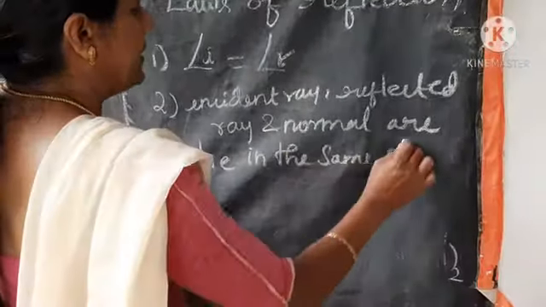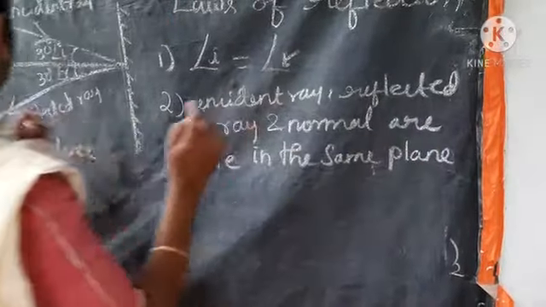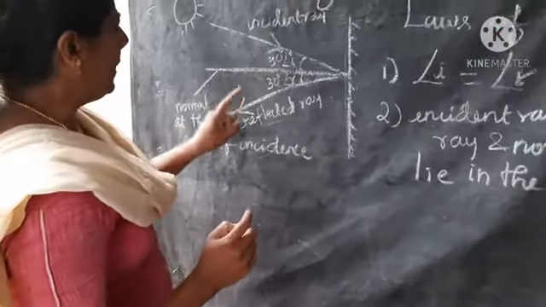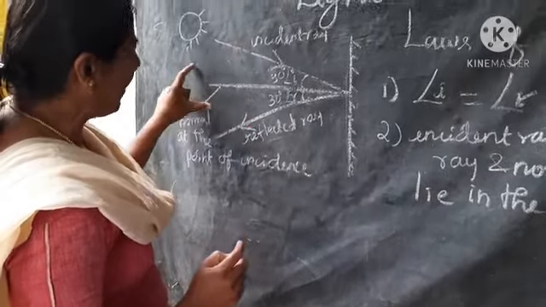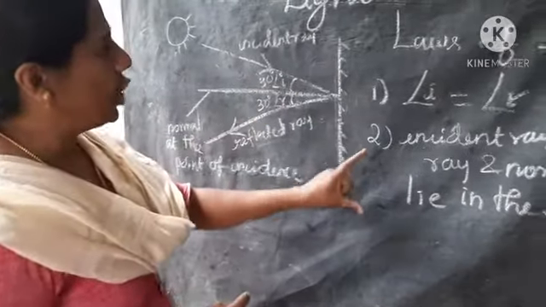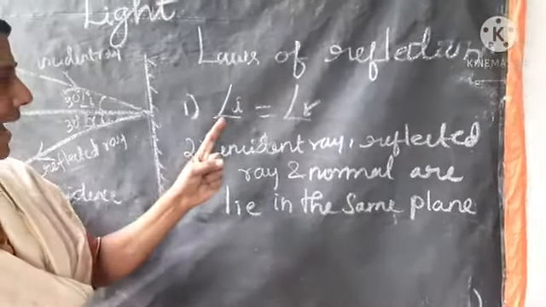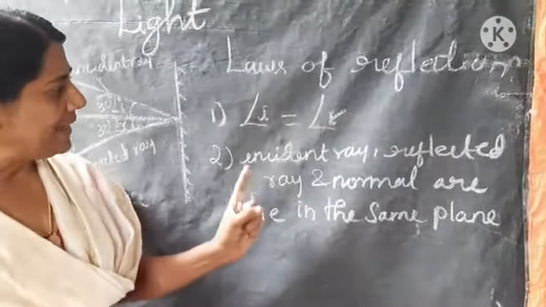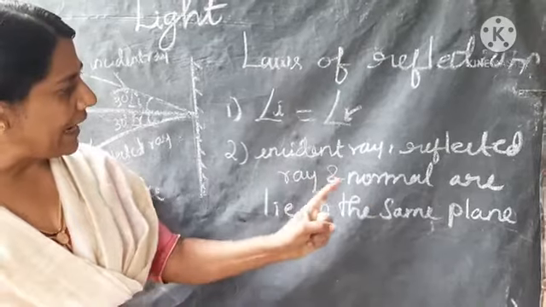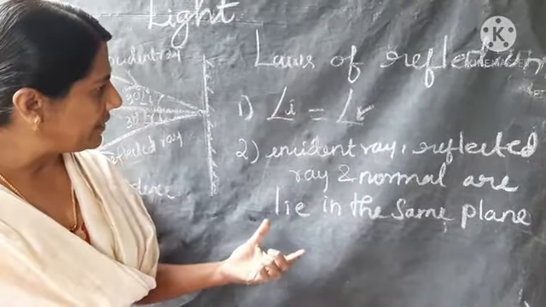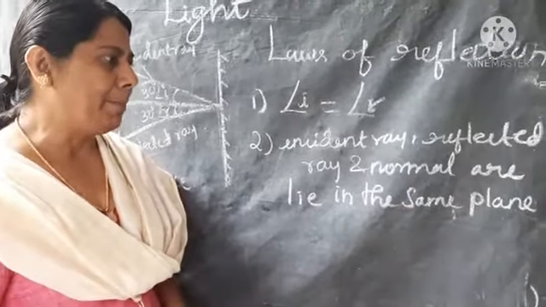You can see incident ray, normal, and reflected ray are in the same plane. These two are the laws of reflection. First one is angle i is equal to angle r. Incident ray, reflected ray, and normal at the point of incidence are in the same plane.